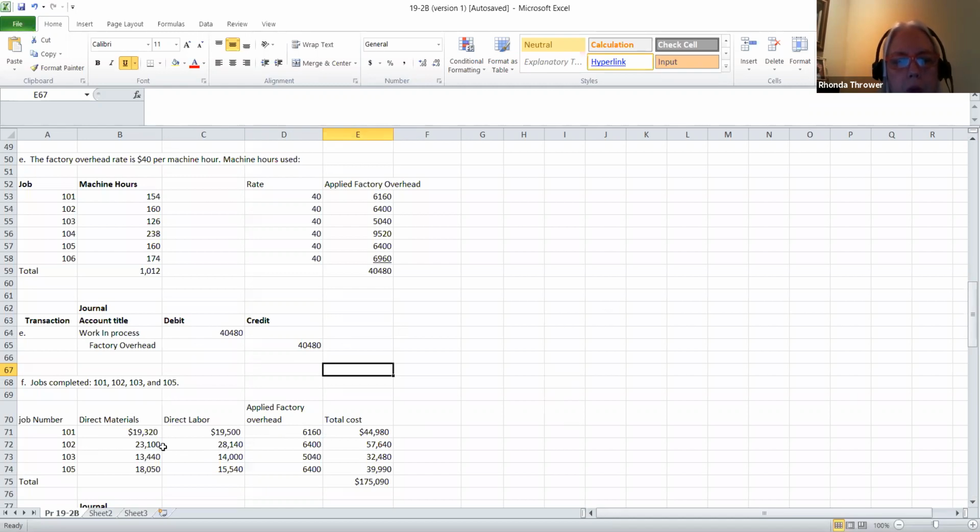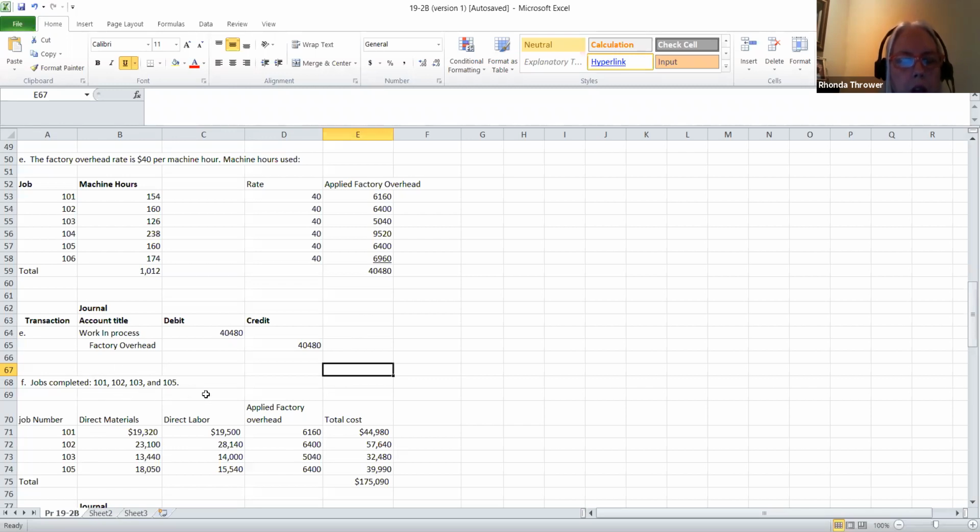For job number 102, we do it in a similar manner. We pick up our direct materials from transaction A, our direct labor from transaction A, and we pick up our applied factory overhead from transaction E. Add the 3 together, and that gives you the total cost. You do the same thing for job number 103 that you finished and 105 that you finished.